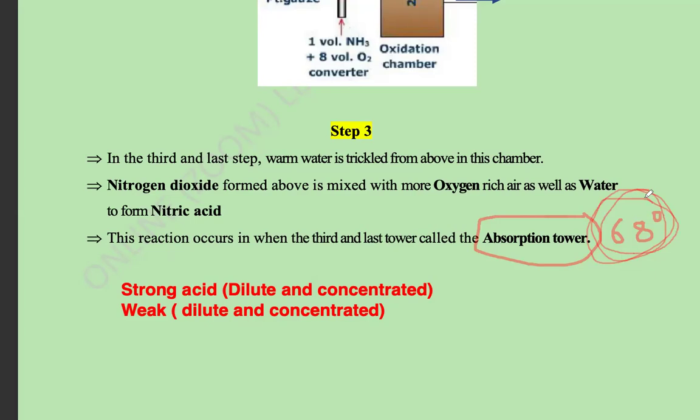Even when we obtain this acid at about 50% water, 50% acid, and we do simple distillation, even fractional distillation, the maximum you can get is 68%.